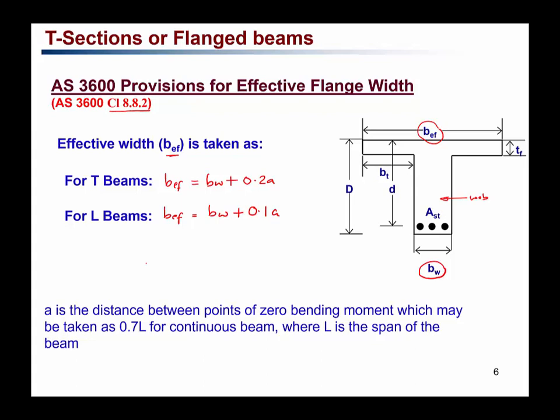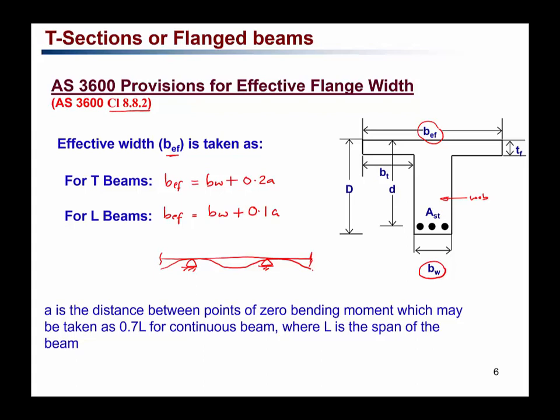So for example, if you have a continuous beam like this, supported here and here, the bending moment shape and the deformed shape will look like this one.